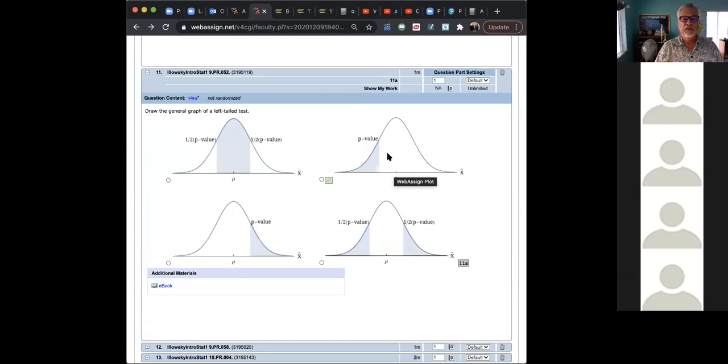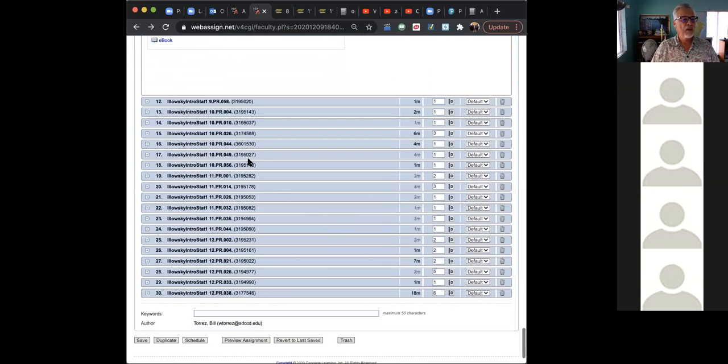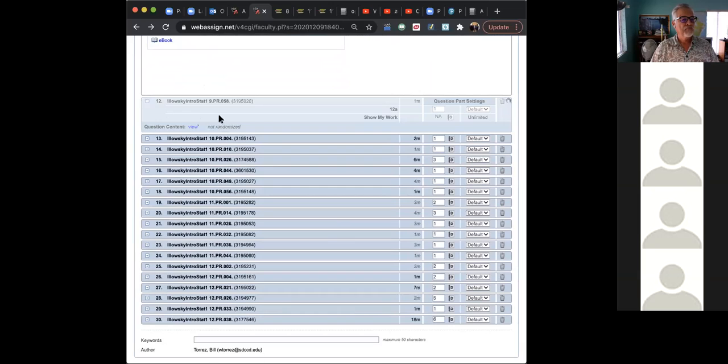And we know that the left tail test has a less than in the alternative, so the p-value would be measured using the left tail. Okay, all right. So there you have the correct graph. All right.